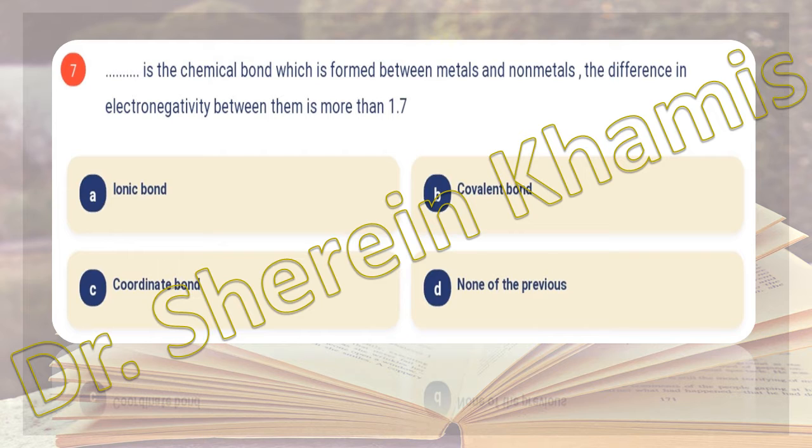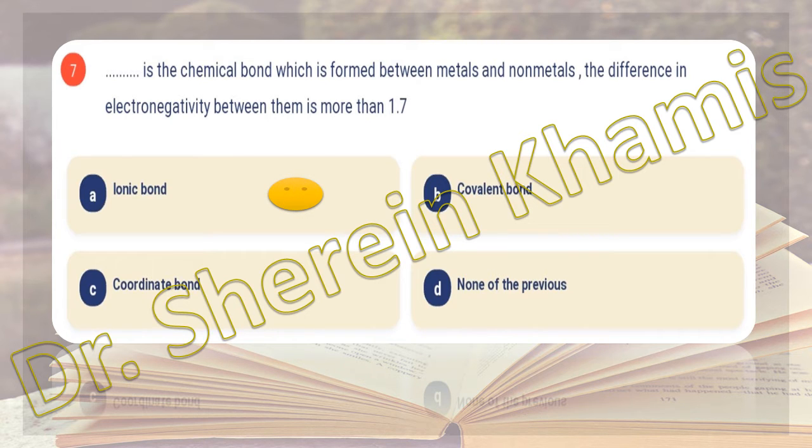Like when we take any polar covalent compound like water, versus sodium and chlorine, we have a high difference in electronegativity, so we will have high formation of ionic bond. So the right answer will be also ionic bond.